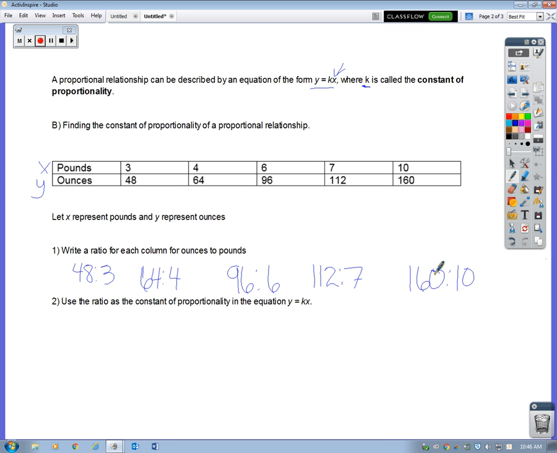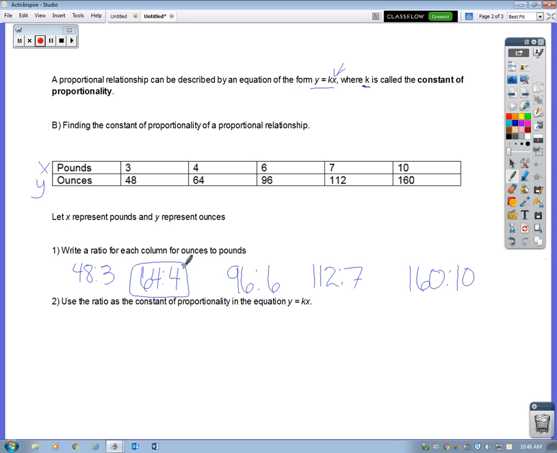Now we're going to use the ratio as the constant of proportionality in the equation y equals kx. A ratio is actually a fraction waiting to be. So I am going to use this one.